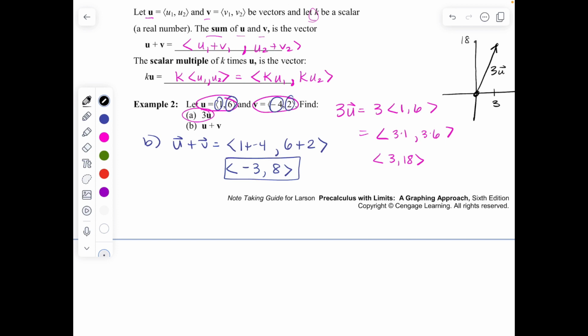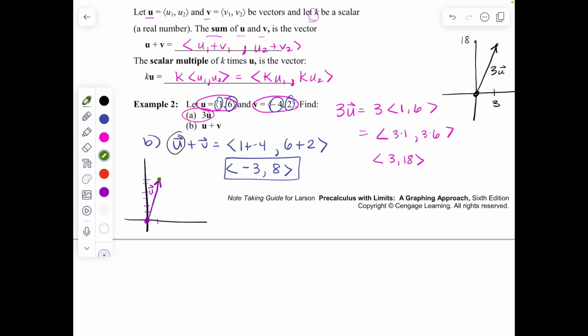So let me show you what that would kind of look like if I was adding it. So if I've got my vector u, which was originally component form 1, comma 6, that would be starting at 0, 0, and then going over 1 and up 6. Okay, so that's my vector u. Now vector v is negative 4, comma 2, so when we add them, we put them tail to initial, or ending terminal to initial, and we're going to go to the negative 4.